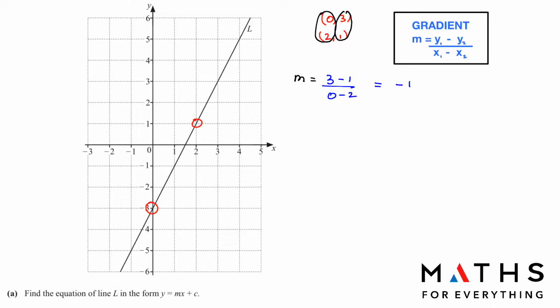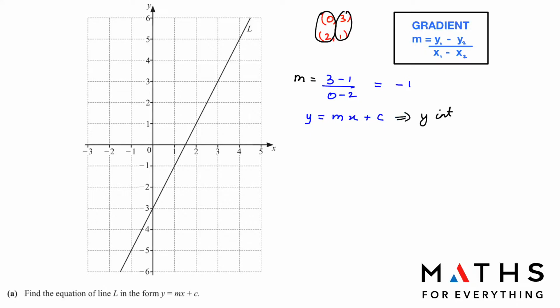And after that, we have to choose one of the points. I will still prefer to use 0 and 3. Y is equal to mx plus c. Before we move further, I just want to tell you that this c is your y-intercept. What does that mean?